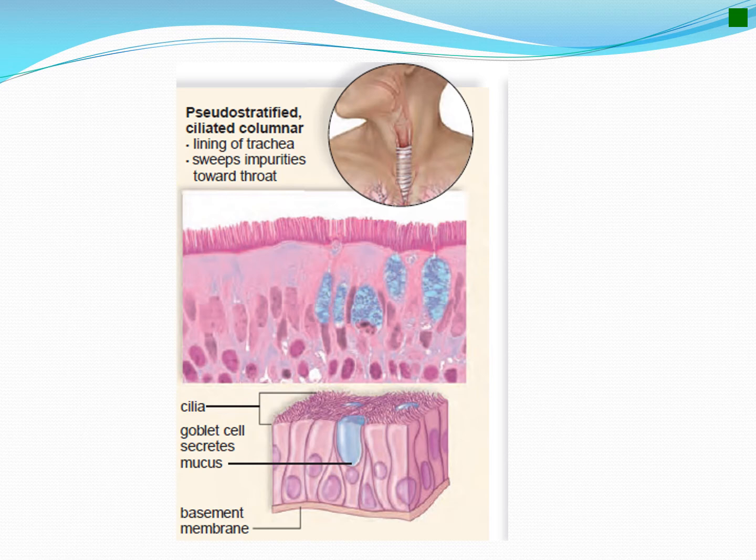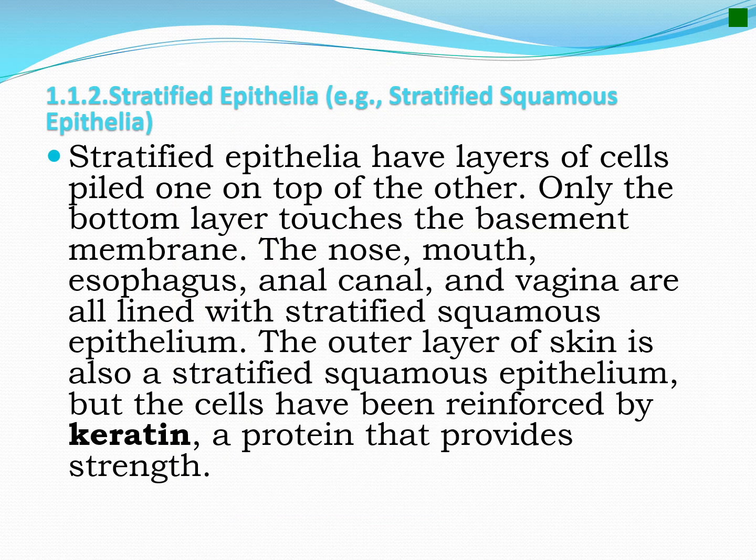So having cells which do not reach the upper surface and nuclei positioned at different levels, all these combined characteristics will give us a fake image of being stratified or multi-layered, which is not the case when you look closely at the tissue.